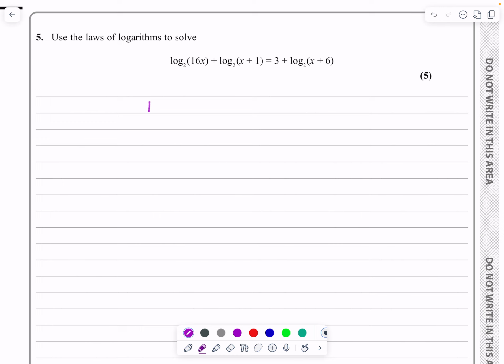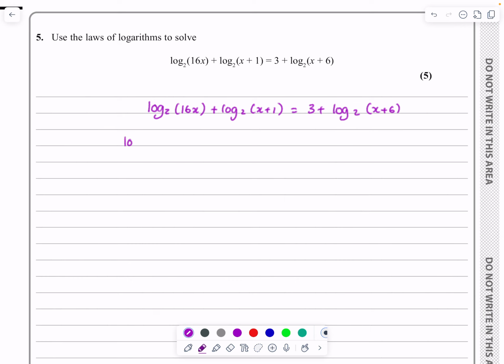So we've got log to the base 2 of 16x plus log to the base 2 of x plus 1 is 3 plus log to the base 2 of x plus 6. I'm just going to take this over to the other side and have all the logs on one side.